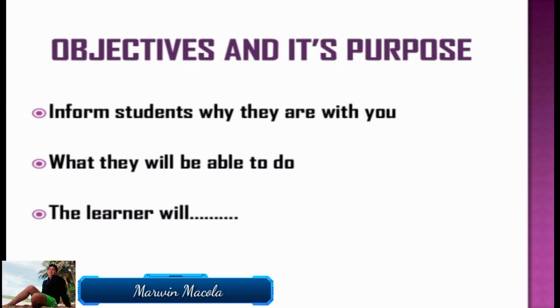Next, let's move on to the objectives and the purpose of a lesson plan. First, it informs students why they are with you. Second, what they will be able to do during class. Next, what the learners will do. It is very vital for students to know why they are in school and what they need to do.